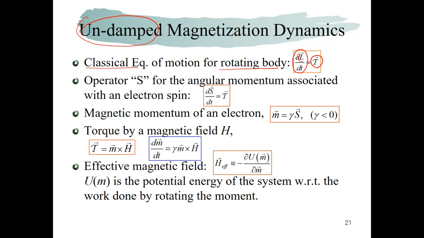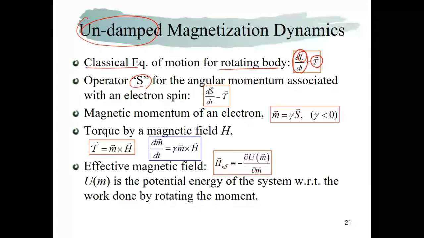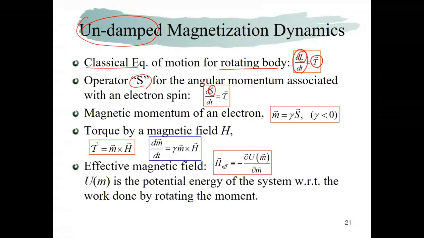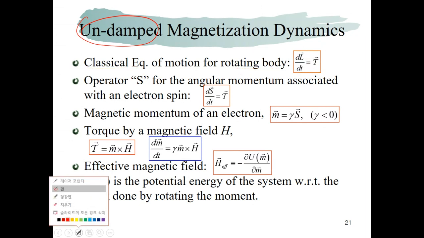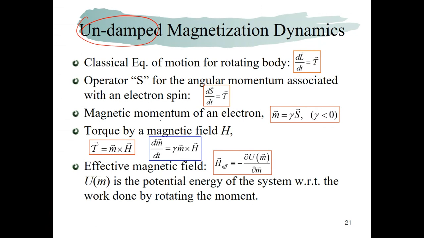We can replace this angular momentum with the spin momentum S, and the time derivative of S is related to the torque. Also, we already know the magnetic moment of the spin is given by gamma S. Here, gamma is a negative value because the direction of the magnetic moment of the spin is opposite to the angular momentum of the spin.